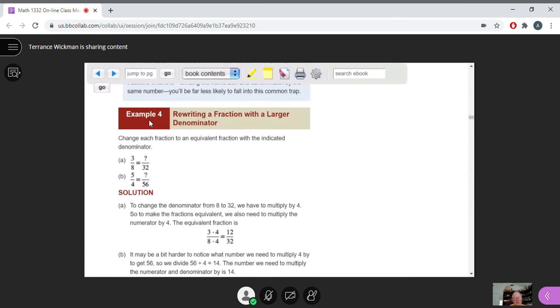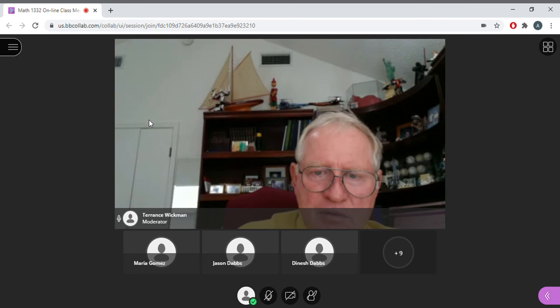Rewriting a fraction from a larger denominator. Well, look, this is 3/8 and 32. They have 3/8 all over 32. The rule in math is this. Whatever I multiply 8 by to get to 32, I got to multiply the top by, which was 4.